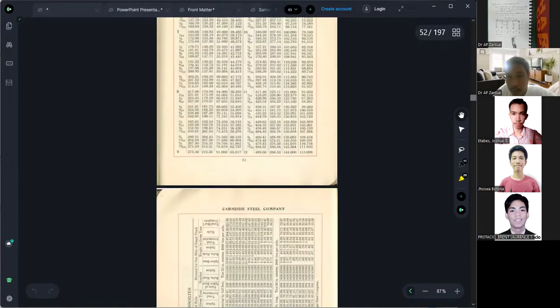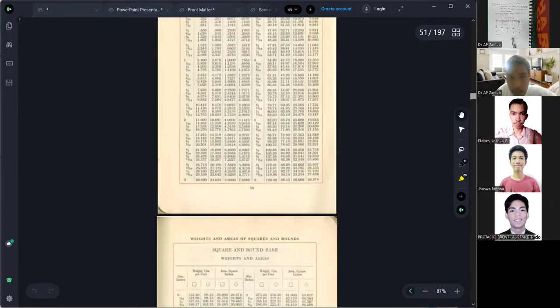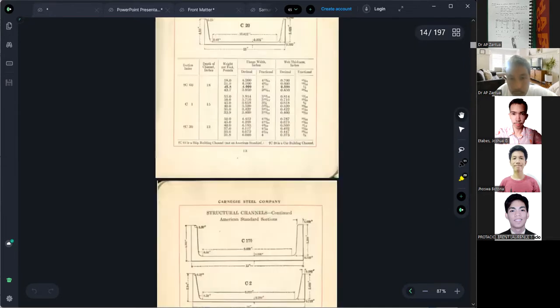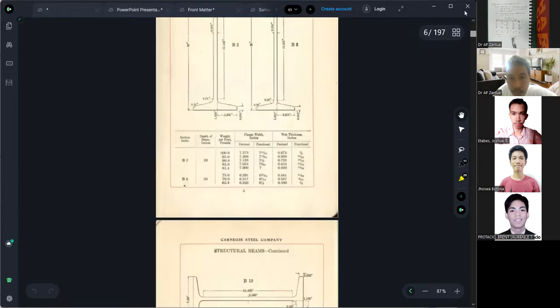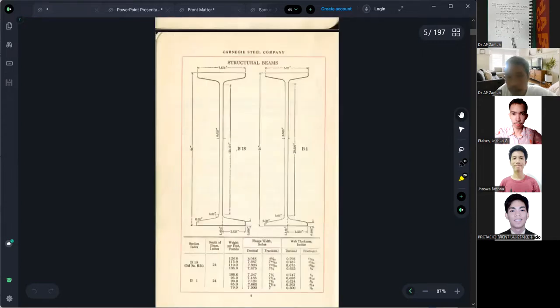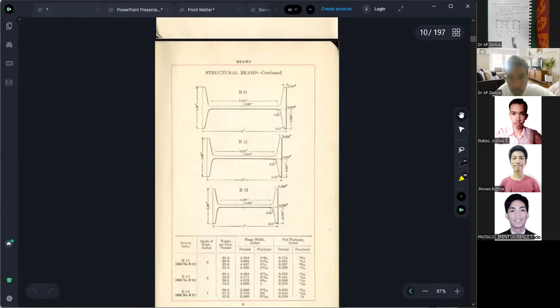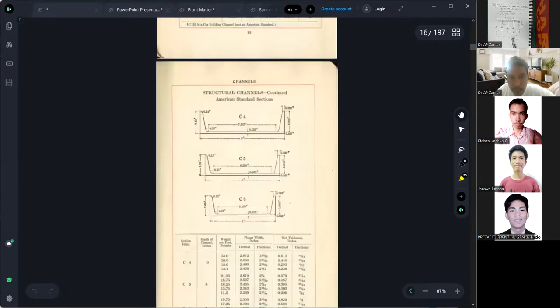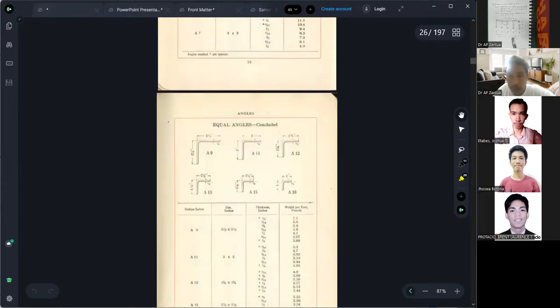There's no W type. So this is tubular. So where is the W type? These are S type. So again, there's none from this.